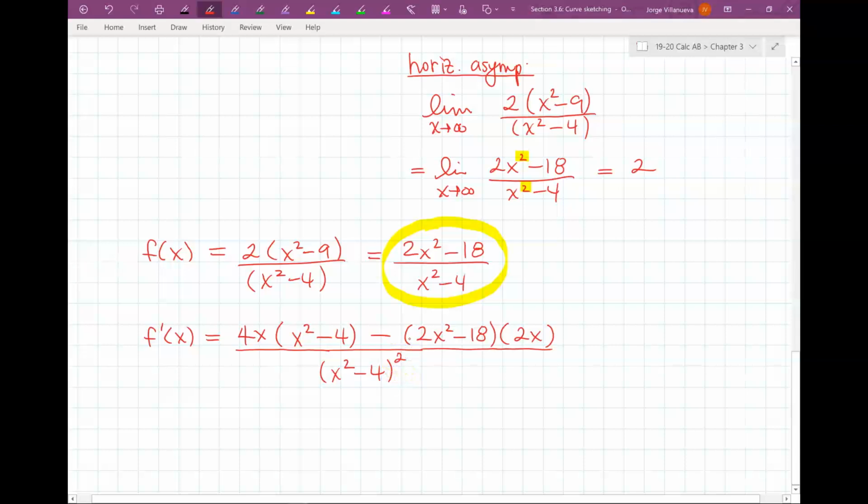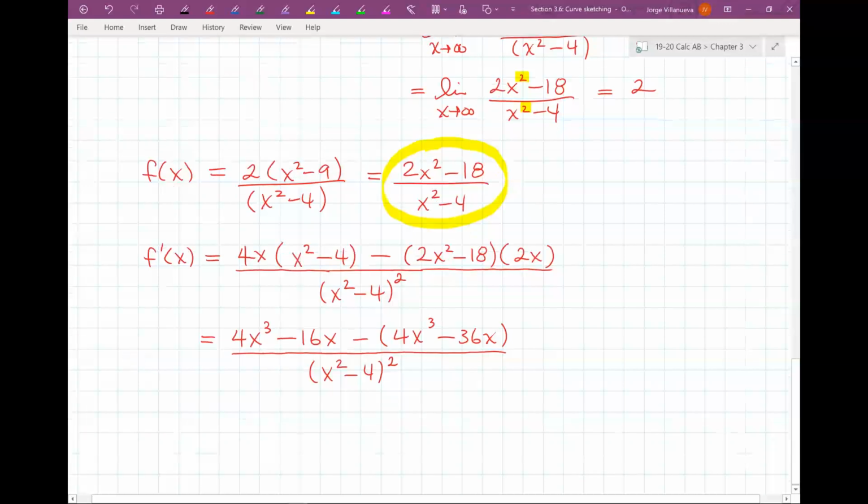So let's start working this problem out. Let's try to simplify as much as we can. So I get 4x cubed minus 16x minus, that's going to be a 4x cubed minus a, what is that, 36x divided by x squared minus 4 squared. Now notice how we have a 4x cubed minus 4x cubed right there.